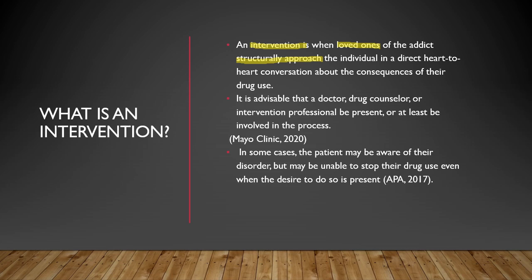It's most beneficial when the loved ones plan out their heart-to-heart or their intervention, and figure out how they're going to approach the individual in advance, because it is an important matter to them. Of course, the loved ones are concerned with the addict's use, their behavior, and likely concerned about their future and their health, emotionally, spiritually, physically, and mentally.